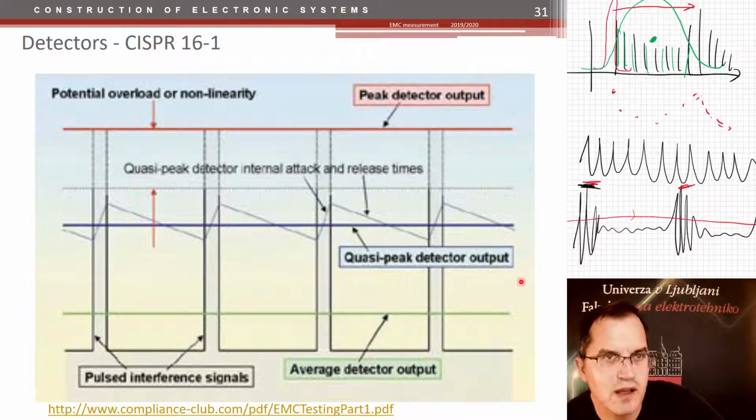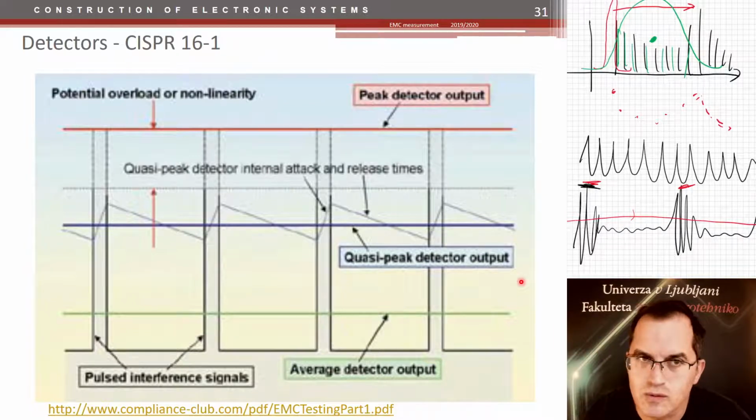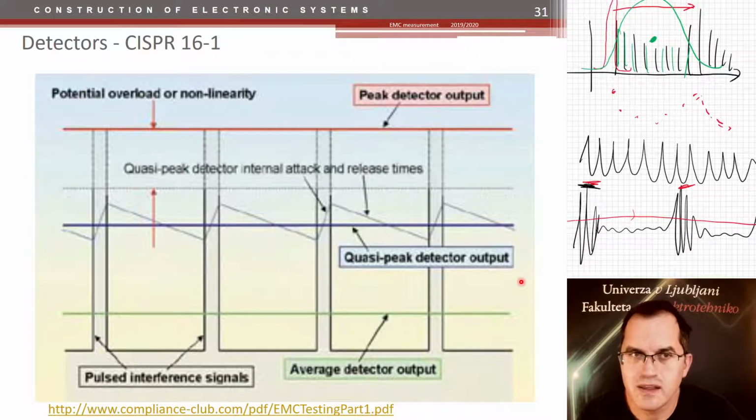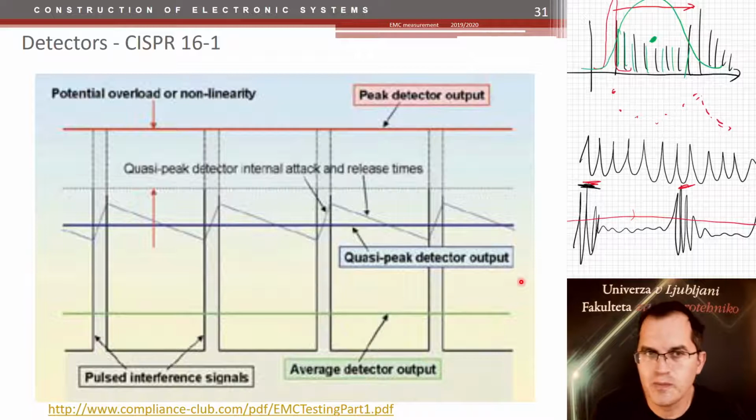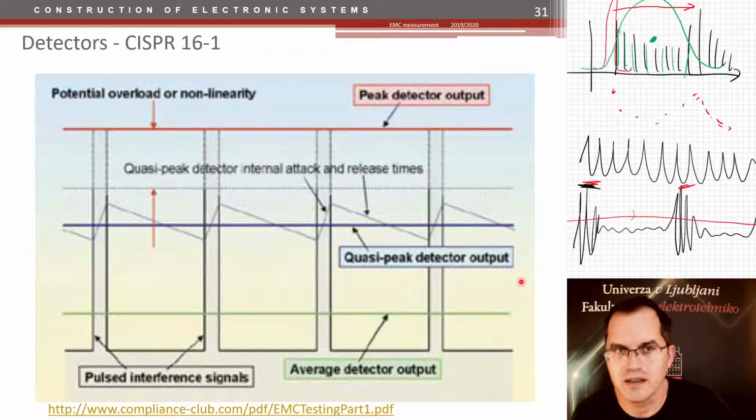Now, the problem is that if your burst happens just once in a while, let's say once every second, very short, then your peak value would be the same and the average would be almost zero. And if you have noise every second or every 100 milliseconds or every millisecond, that's a difference.